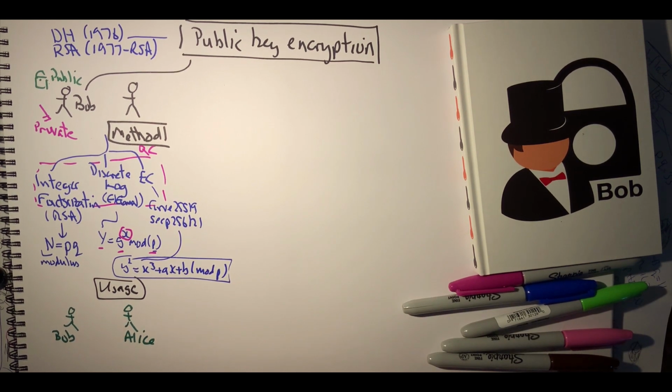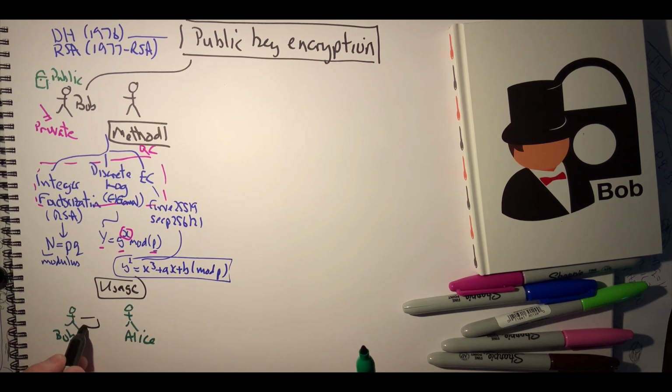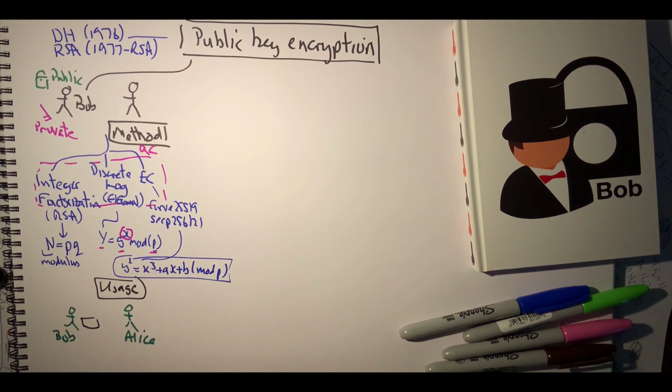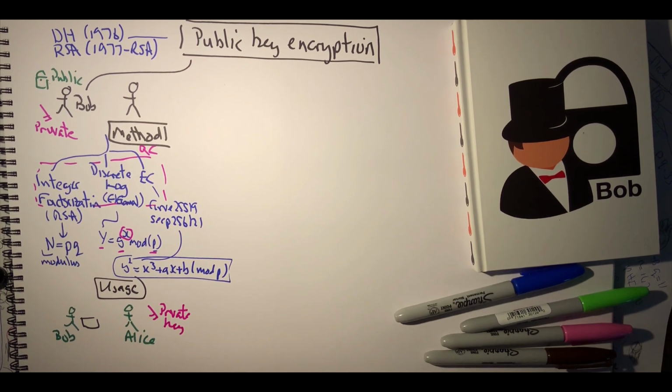So if we have some data to encrypt, then if we use our pink key, and then Alice has a private key, and she has her public key.